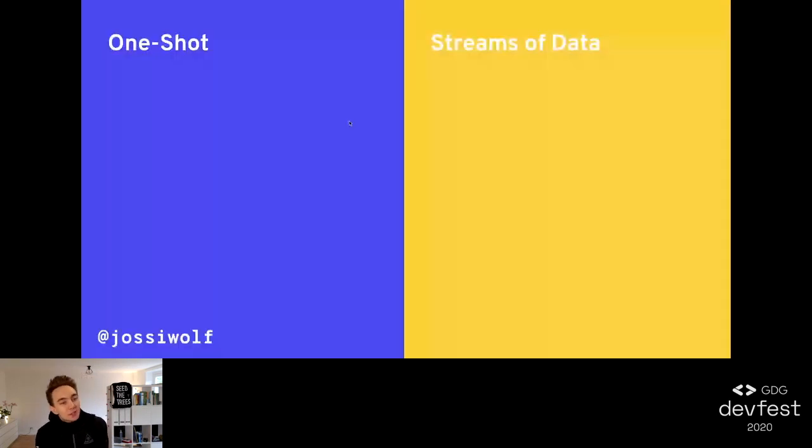So we managed to divide up our use cases for anything asynchronous that we were using LiveData for before into one-shot events and streams of data, like actual streams of data. So a one-shot event or function is just something that only returns one value. So LiveData that would only return one value, we were like, that doesn't really need to be a LiveData.